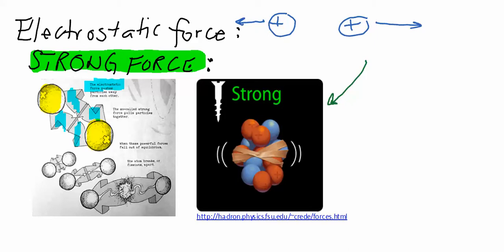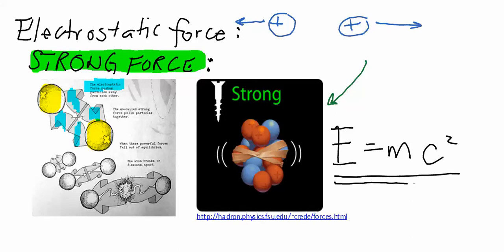So when we split an atom, we're splitting the nucleus in half, and we unleash the energy of the strong force. You've probably all seen Albert Einstein's famous equation E equals mc squared. That equation is actually a way of predicting the amount of energy, E stands for energy, that will be released when we split an atom and unleash the power of the strong force.